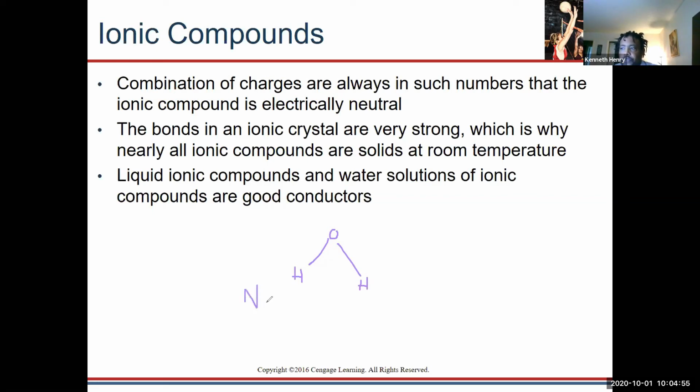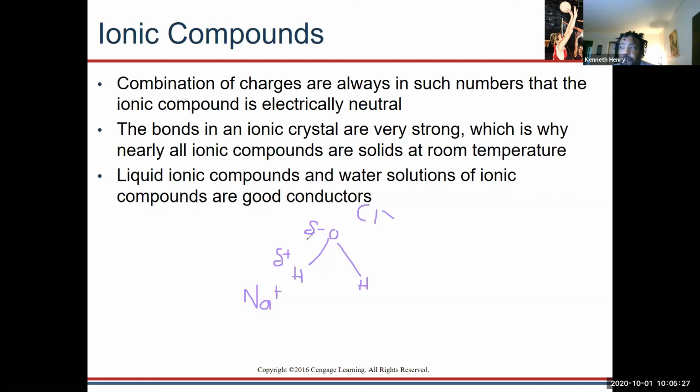So we break up that happy marriage between sodium and chlorine. Now water has polar covalent bonds. We've talked about that already. So this guy is going to be partially positive. This guy is going to be partially negative. What I mean by partially is that they don't have a complete charge like sodium and chlorine. They're only partial because they're sharing the electrons.